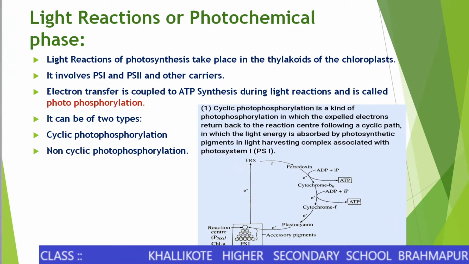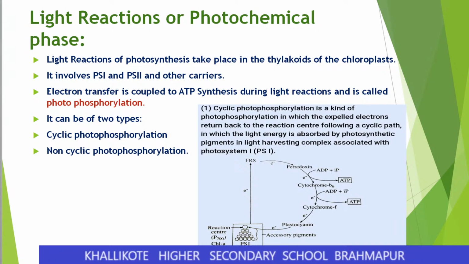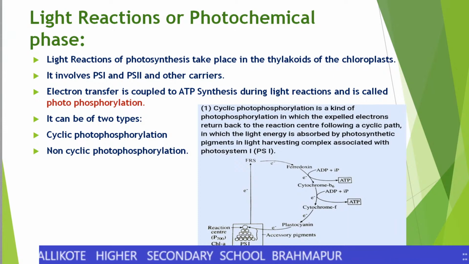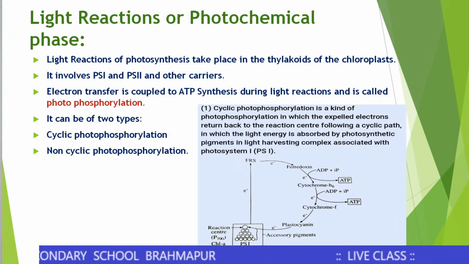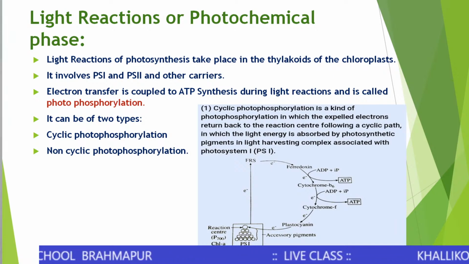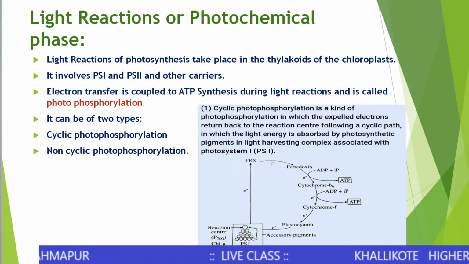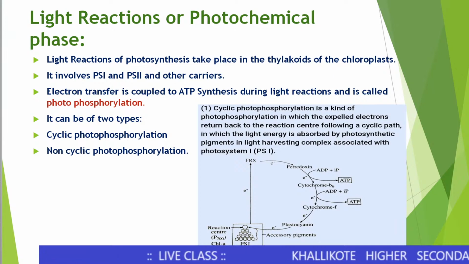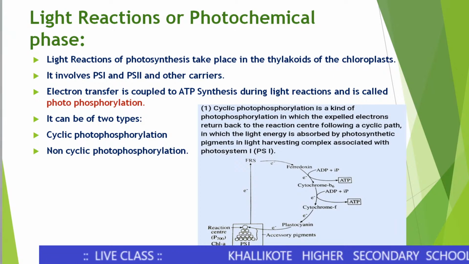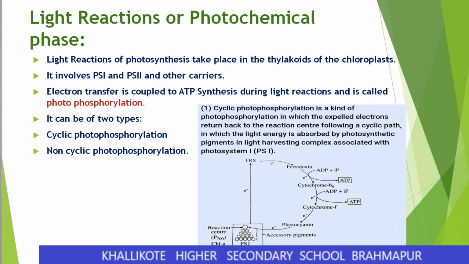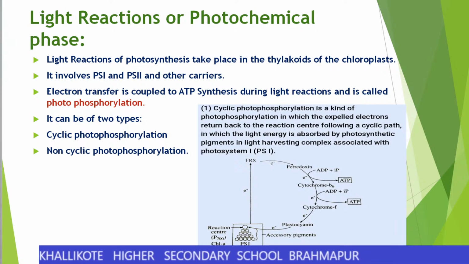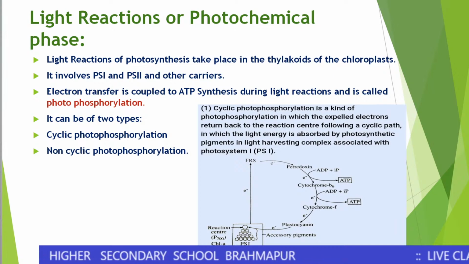In the figure you can see ADP plus inorganic phosphate giving a molecule of ATP. Similarly, when the electron flows from cytochrome B6 to cytochrome F, this release of energy is also utilized in the synthesis of an ATP molecule.